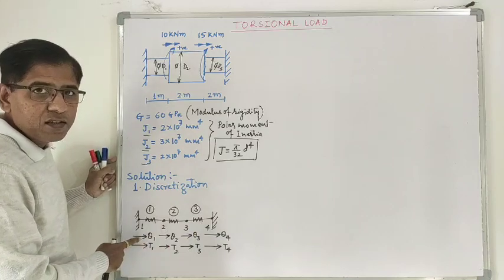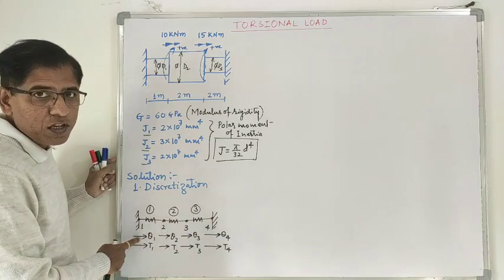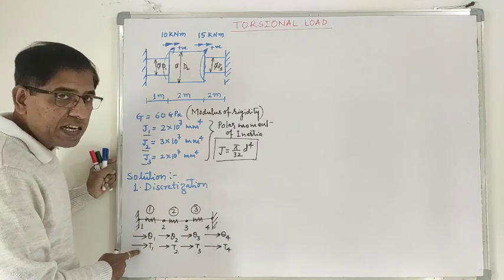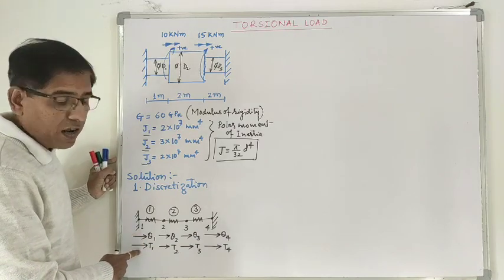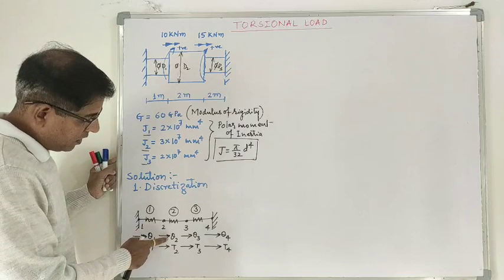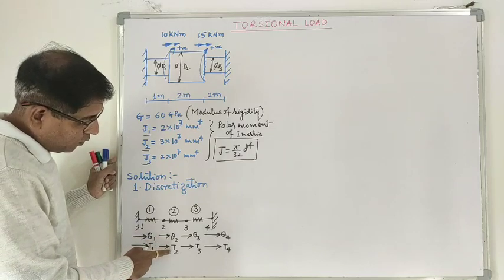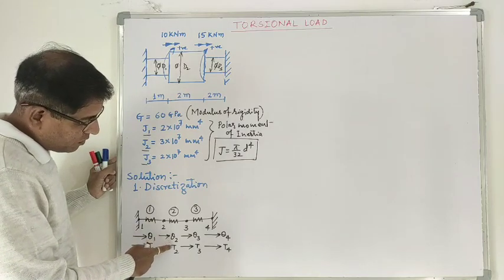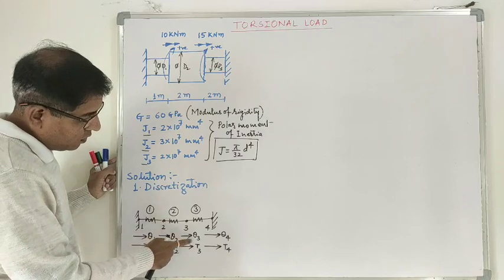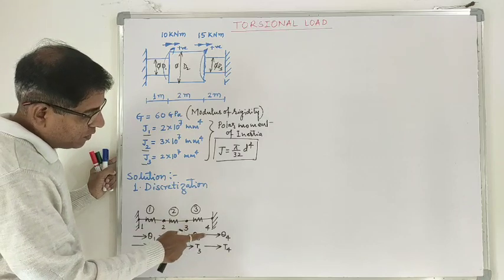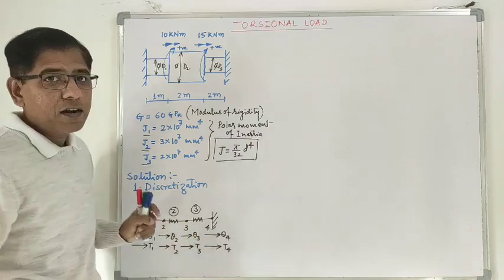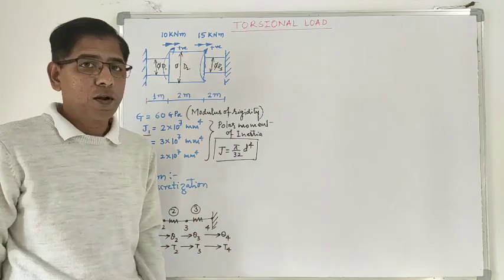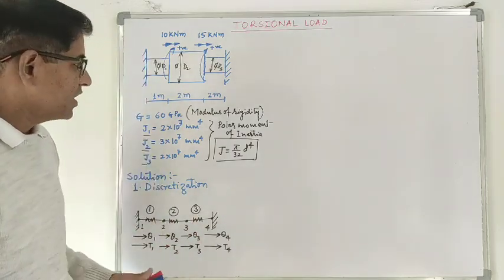Theta 1 indicates the angular displacement at node 1 and T1 indicates the torque at node 1. Similarly theta 2, T2 at node 2, theta 3, T3 at node 3, and theta 4, T4 at node 4. So this is discretization.